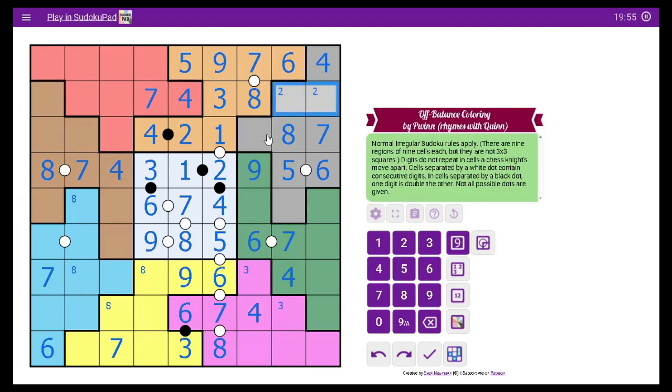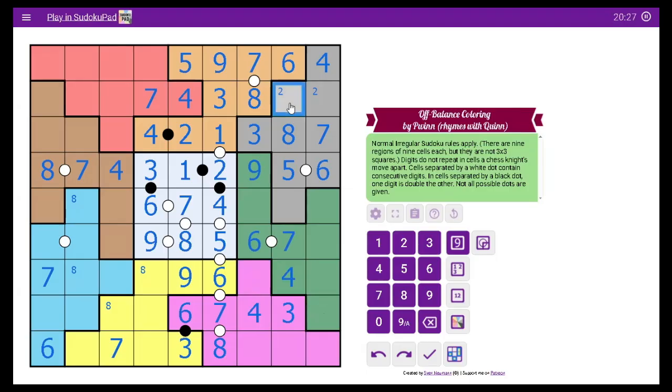3 in one of two positions. We need a 1, a 2, a 3, and a 9. This gray box needs a 1, a 2, a 3, and a 9. This can't be a 1, 2, or a 9, so it is a 3, which means this is a 3. It's good.